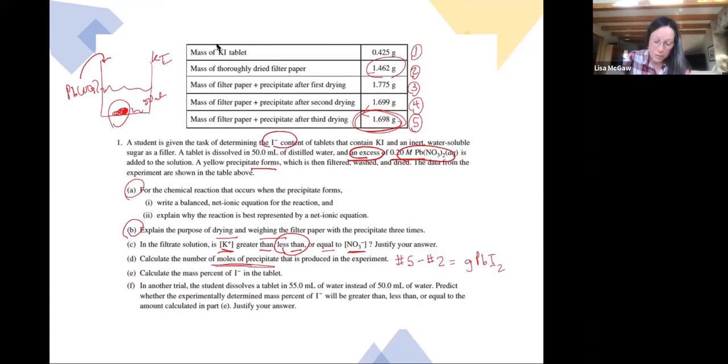And then for the mass percent of I minus in the solution, you're going to go back to those formulas on the formula sheet that were not given to you. So the percent of I minus will be equal to the grams of I minus over the grams of the tablet, which you already know, 0.425.